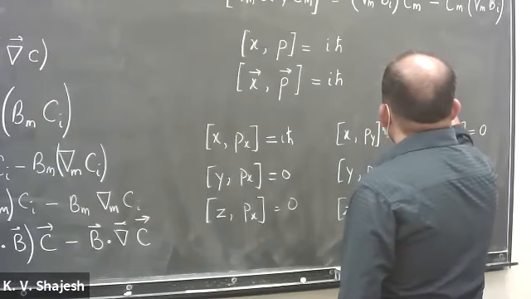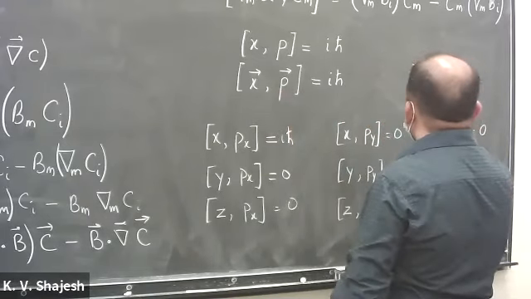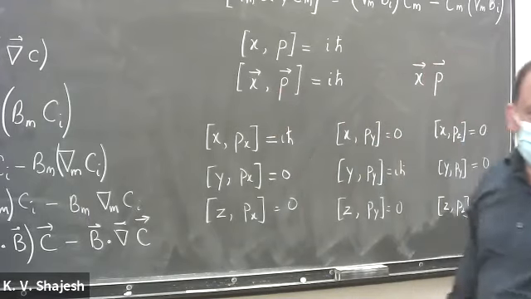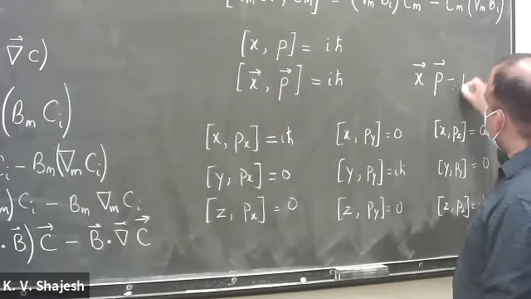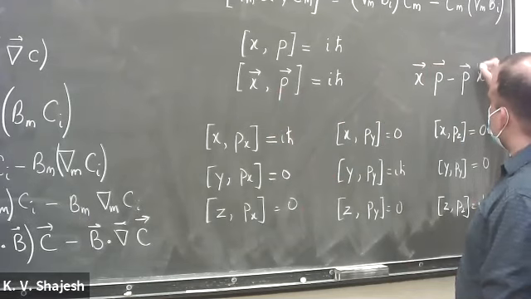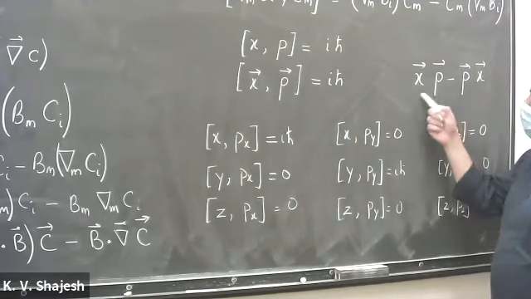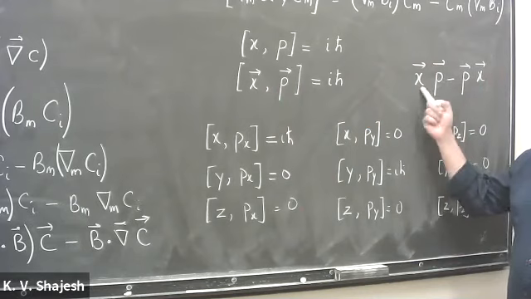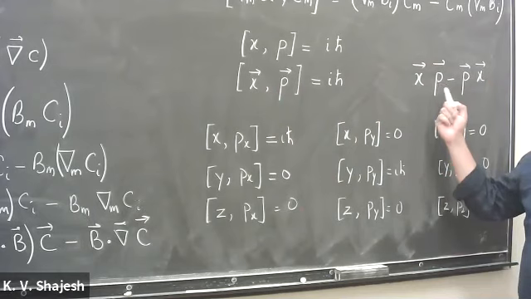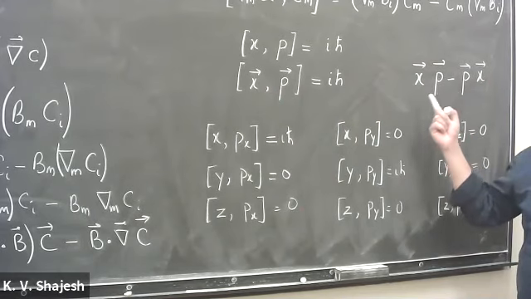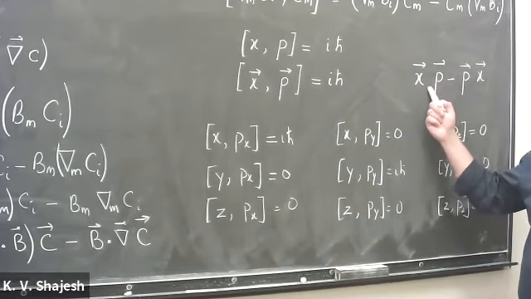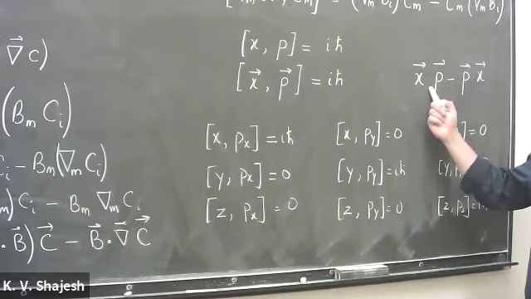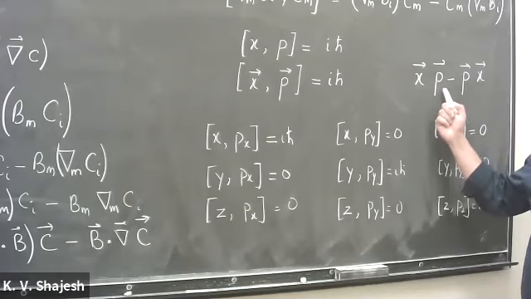So this is x times p, minus p times x. That's what it is, right? Is this a scalar? Two vectors coming together. Is there a dot product in there? I didn't write that. Is there a cross product? I didn't write that. So with the two vectors, this is a tensor, right?